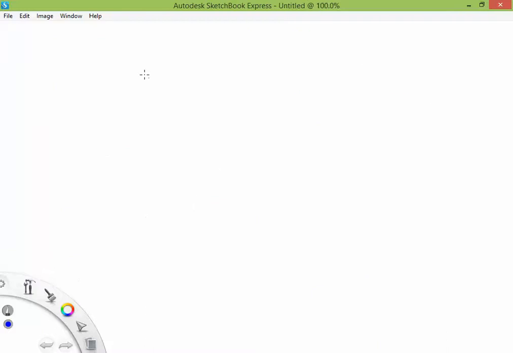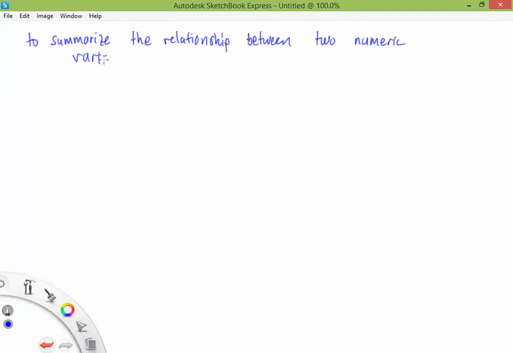But to summarize the relationship between two numeric variables, we use the value r. Okay, that's a lowercase r.